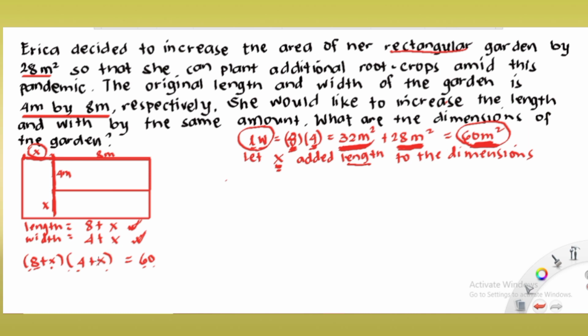So, ano lang ang i-apply natin? So, here, we will just apply FOIL method. Pwede rin nating ma-apply yung special product or the distributive property or any properties of equality. So, in the guided questions na nasa module, what equation illustrates the given situation above?